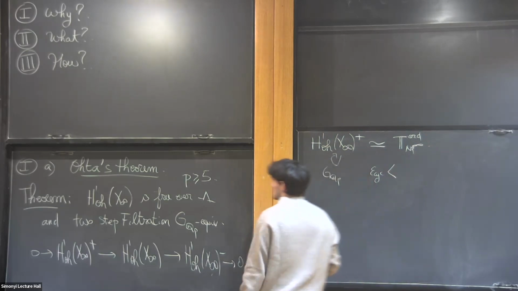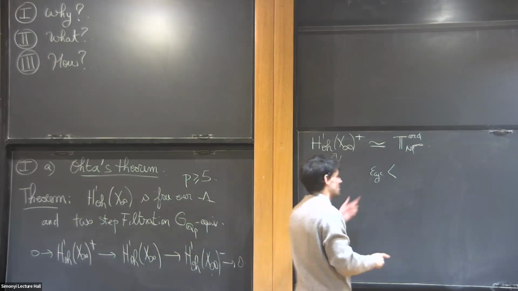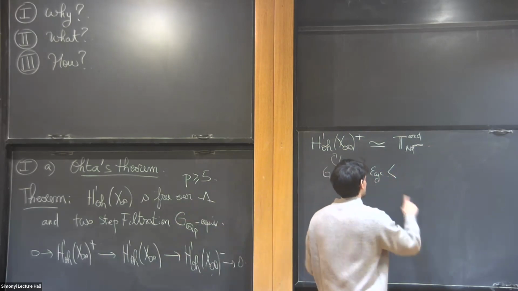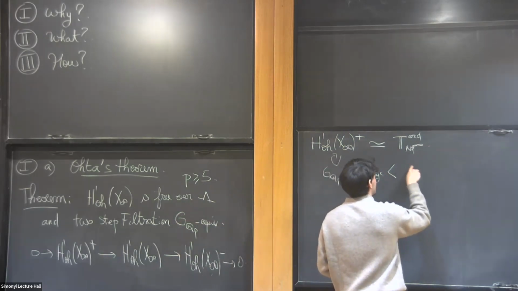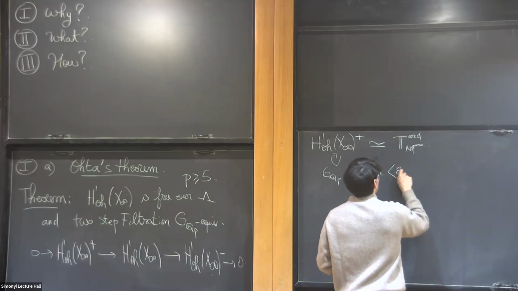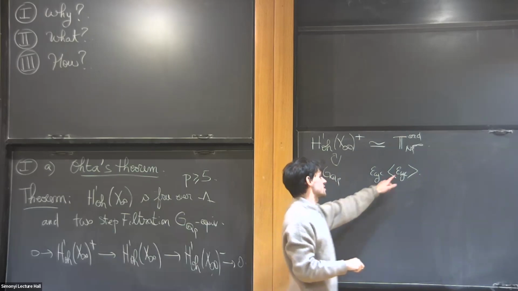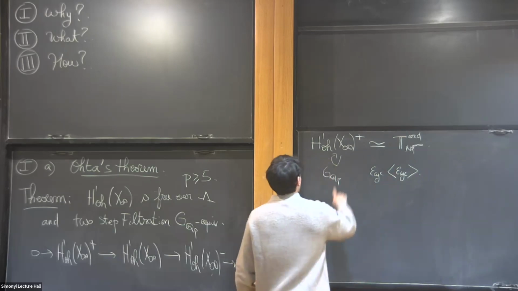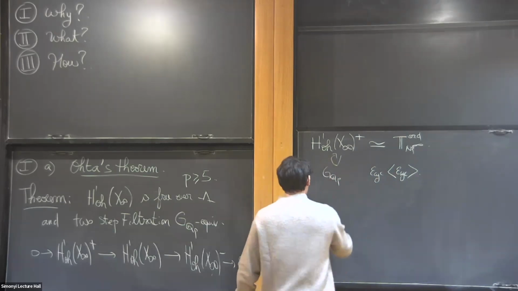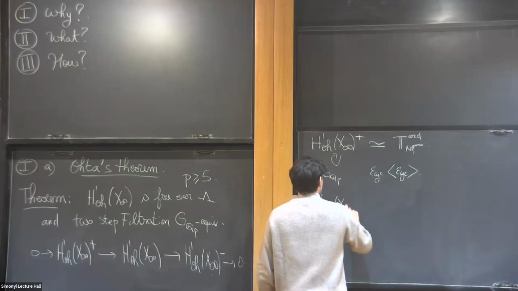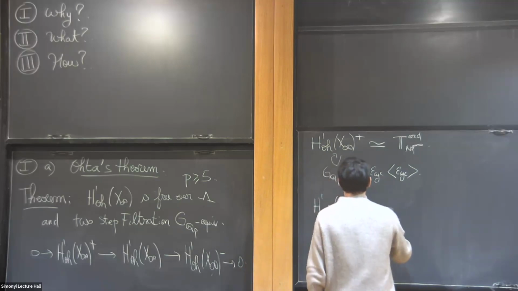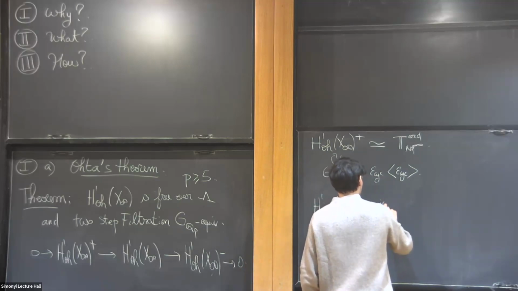And then here, you remember I was talking about the action of Lambda. And if I denote a diamond operator, so an element 1 plus epsilon, it's by the diamond operator associated to the epsilon cyclotomic. So it's this action here, and then the H1 Ohta X infinity minus is unramified.